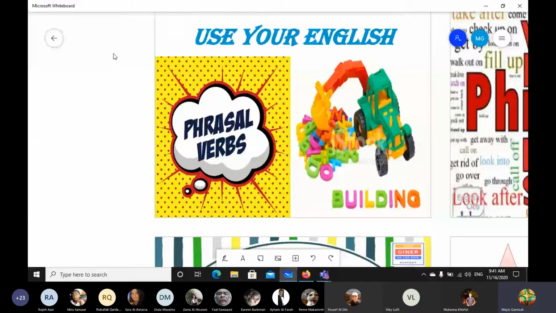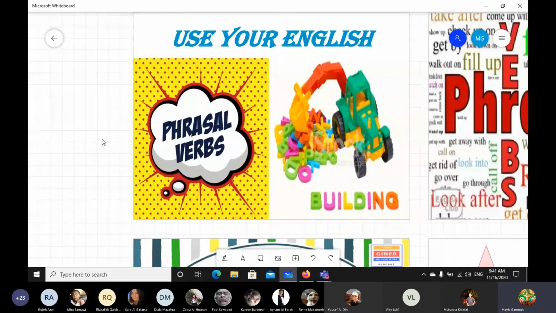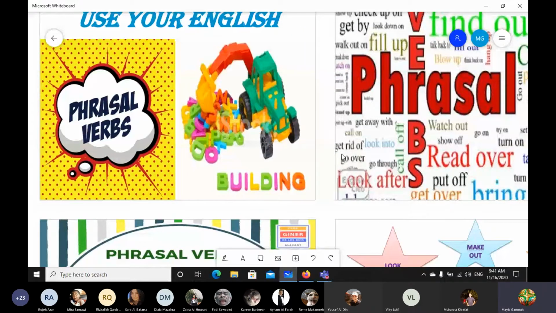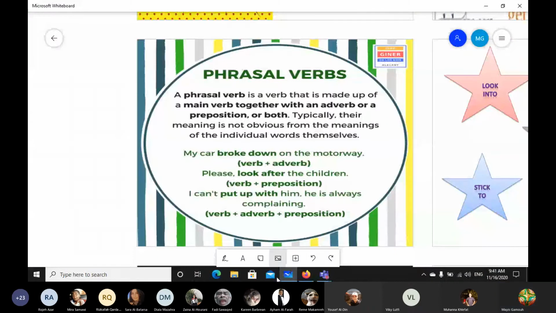So we started last time the topic of phrasal verbs, and we said that a phrasal verb is a verb that is made up of a main verb together with an adverb or a preposition.